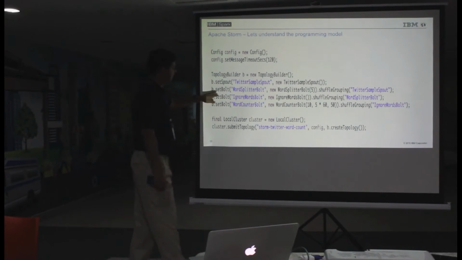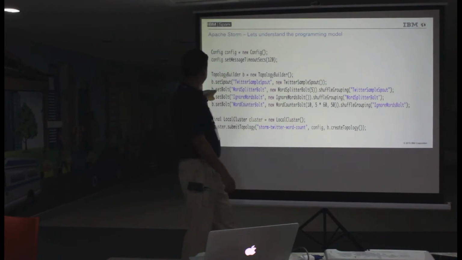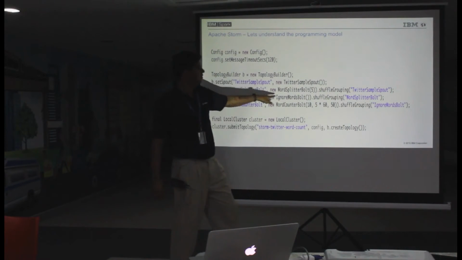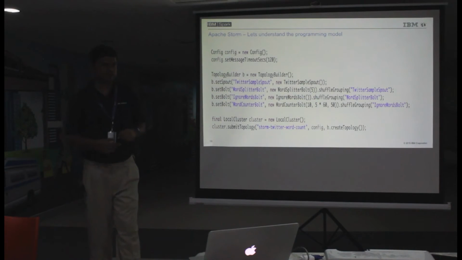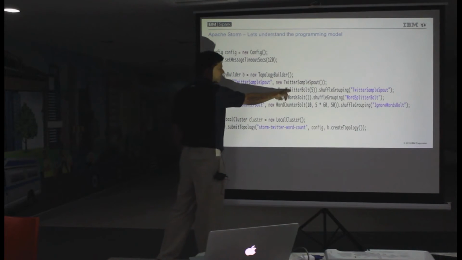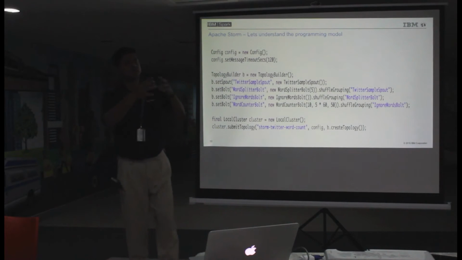Now if you see here, I'm creating a bolt, but the most important thing is I'm tying this bolt to that spout. I named this spout Twitter sample spout, so that's how you tie your pipeline. This is called the word splitter bolt, so I have logic inside this interface that splits the messages by word.